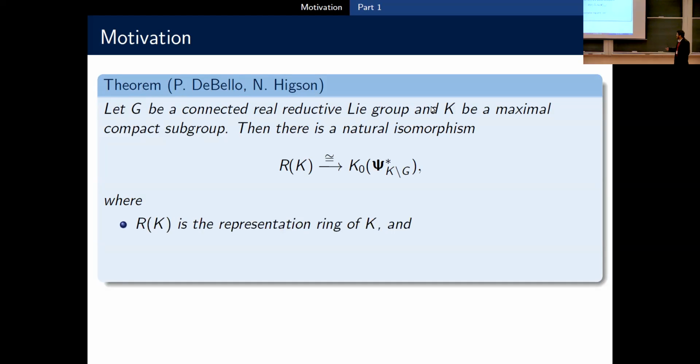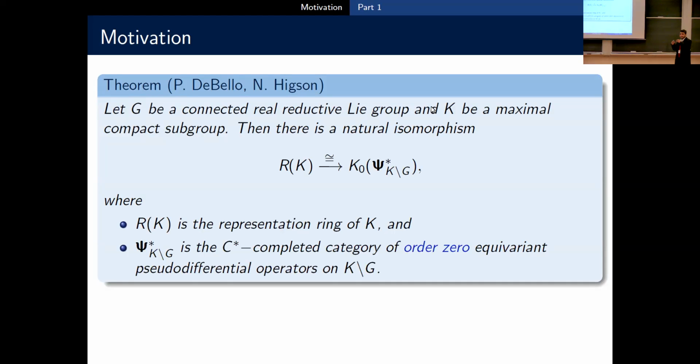The C-star category basically contains all kinds of order 0 pseudo-differential operators on the symmetric space of G acting on the right on K. So it's like a huge category of all possible order 0 pseudo-differential operators, and the vector bundles arise from the finite dimensional representations of K.